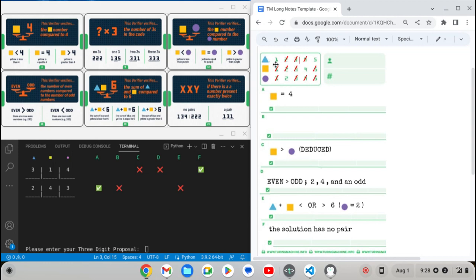So if it were, I think, 1, 4, 2, the 3 would be irrelevant. This card would be irrelevant because you wouldn't even be able to add 4 and 3 and get something that's less than 6. That's only reserved, at least at this point, for 1 and 4.